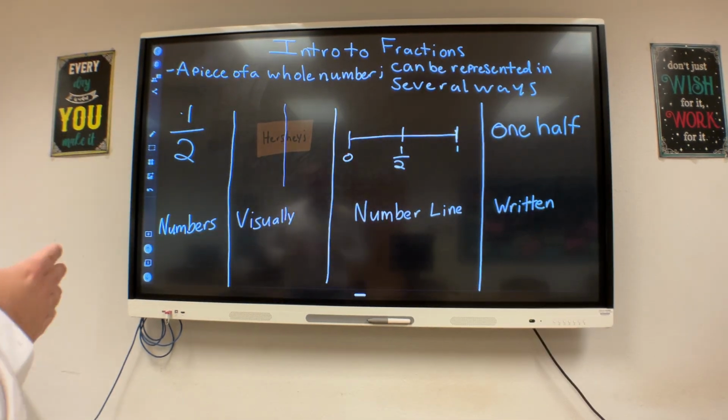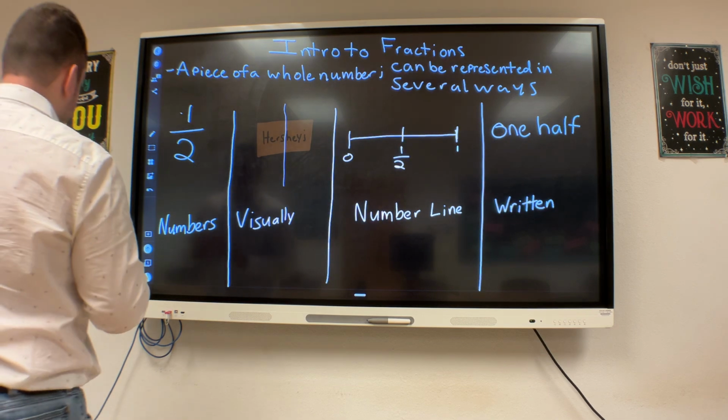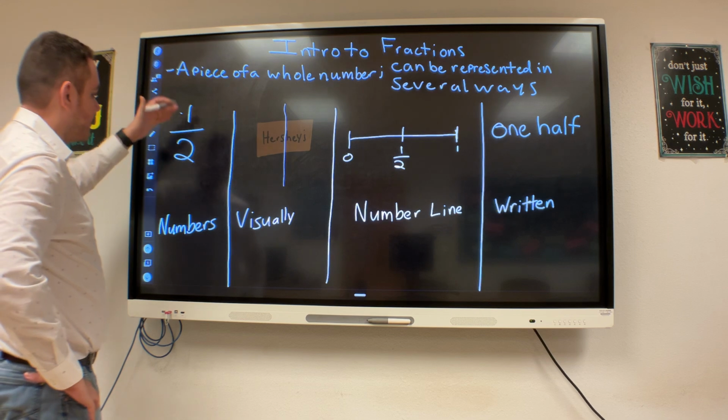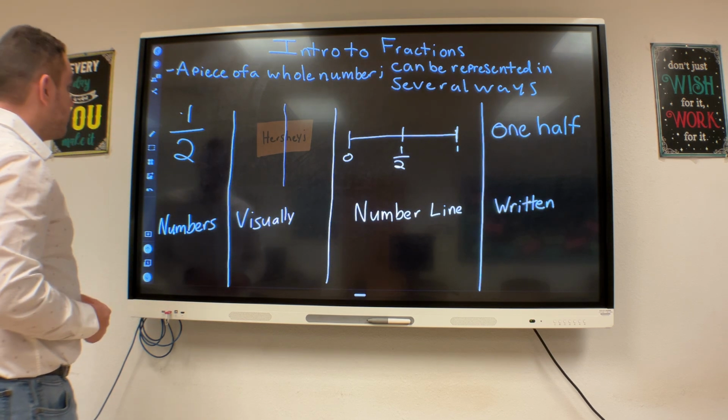There are several different ways you can represent it. Several different ways to represent the idea of a fraction. This is probably the one you're most used to, just a number over number, 1/2 in this case for a half. Like I said, that's just the traditional way.